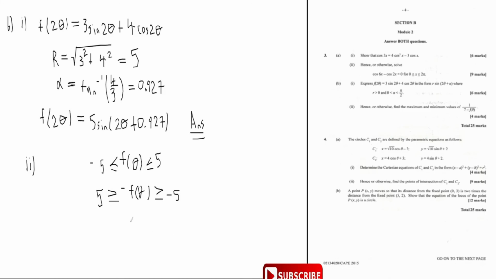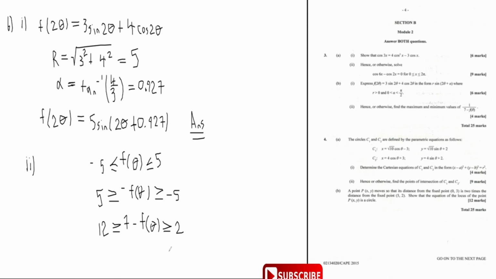Then we add 7 to both sides, so 7 minus f of theta is bounded between 2 and 12, since 7 plus minus 5 is 2 and 7 plus 5 is 12. And then we reciprocate it.